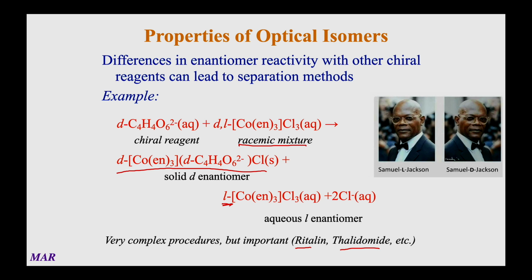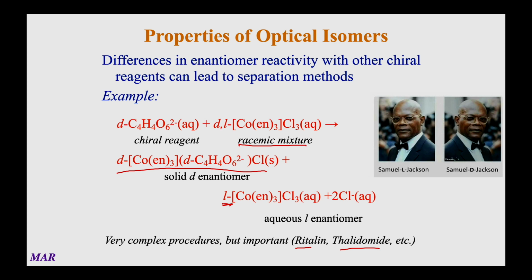There were two enantiomers, two hands in the form they sold to pregnant women. Well, the one form of thalidomide was wonderful, and it did everything it was supposed to do. But the other form was really bad, and the children born had lots of birth defects. Really, really sad. There was a huge lawsuit that happened for many decades, as I understand, in England, and finally the victims got paid money for this, which is really crazy.